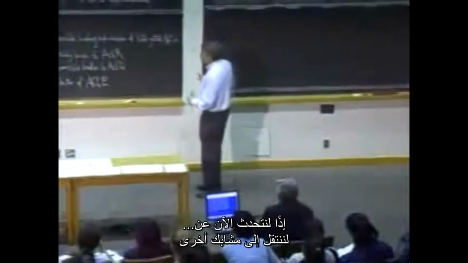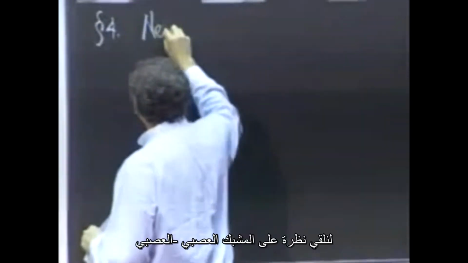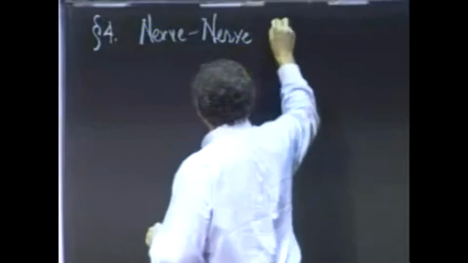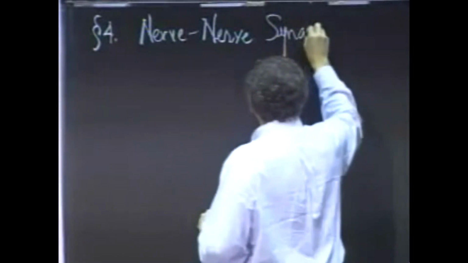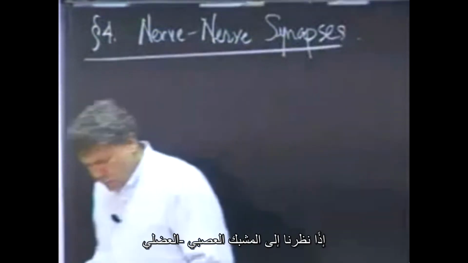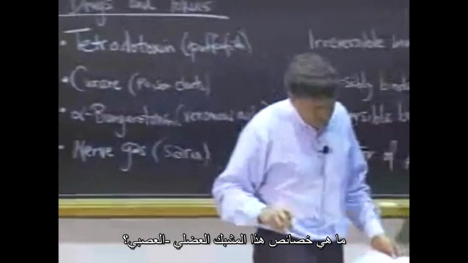So now let's move on to other synapses. Let's take a look at nerve synapses. So we looked at a nerve-muscle synapse. What were the properties of this nerve-muscle synapse?